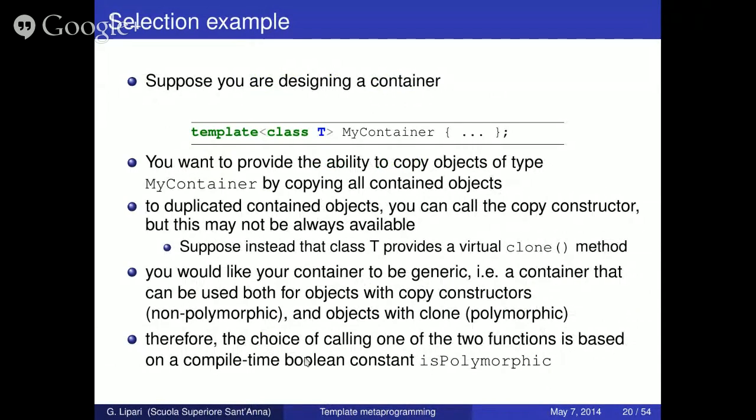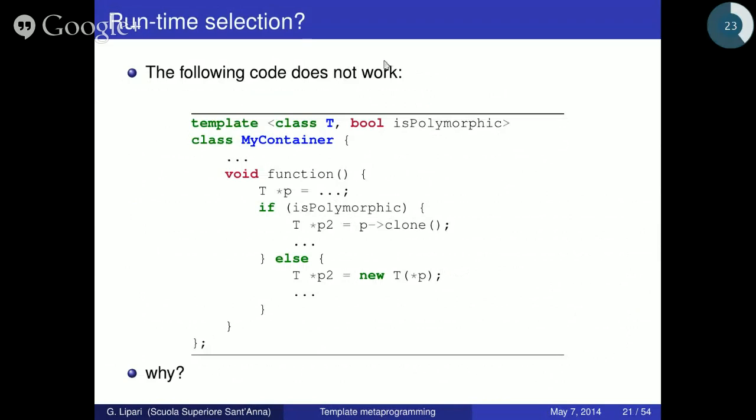So basically, this depends on the compile time Boolean constant, isPolymorphic. Now, the following code, which is quite straightforward, doesn't work. Let's see what the following code does. So suppose we write class T, bool isPolymorphic. Class T is the type we have inside the container. isPolymorphic is a compile time constant that we pass to the container, which tells if T is polymorphic or not.